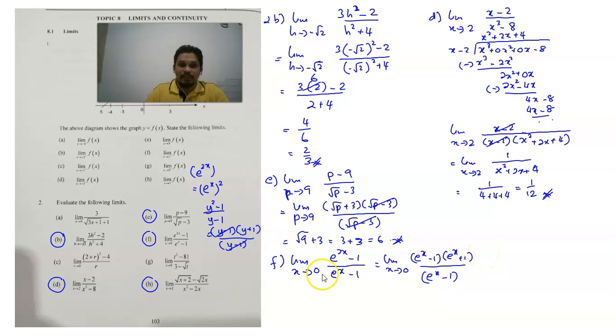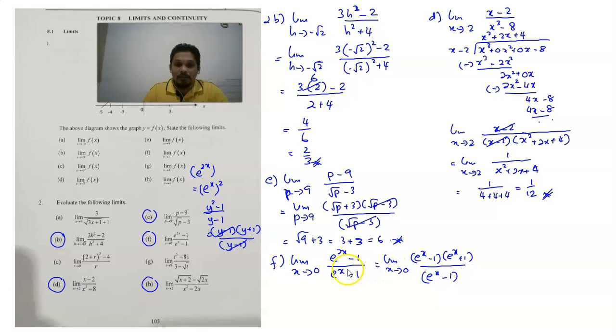Before that, what if I strictly substitute x with 0 into this function? e to the power of 0 equals 1, and 1 minus 1 equals 0. And with x equal to 0, 2 times 0 equals 0, e to the power of 0 equals 1, then 1 minus 1 equals 0. That's 0 over 0, so we avoid that.